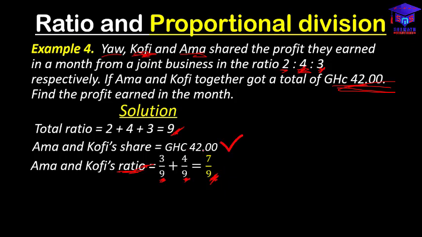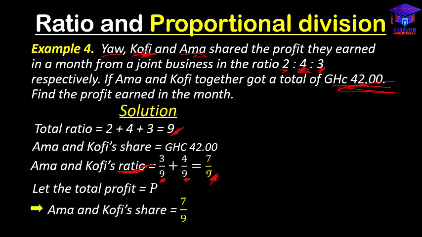But since we don't know the total profit, we say let the total profit be P, or let it be K, let it be X, any variable. Good. So we can say that Ama and Kofi's share is their total fraction times the total profit P, which we don't know.